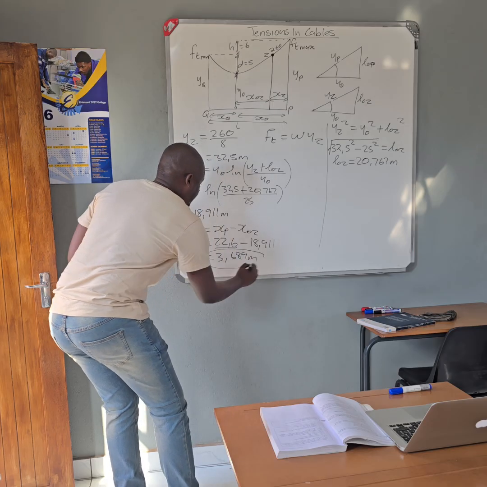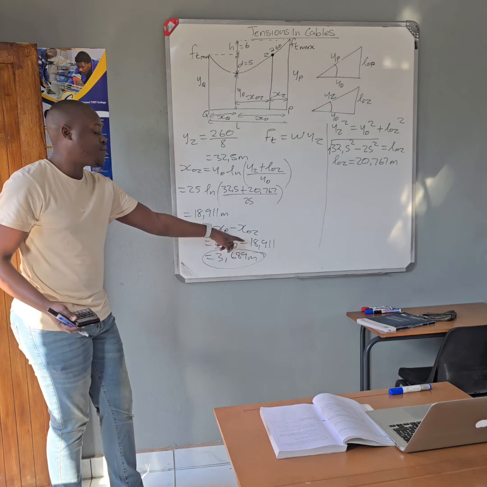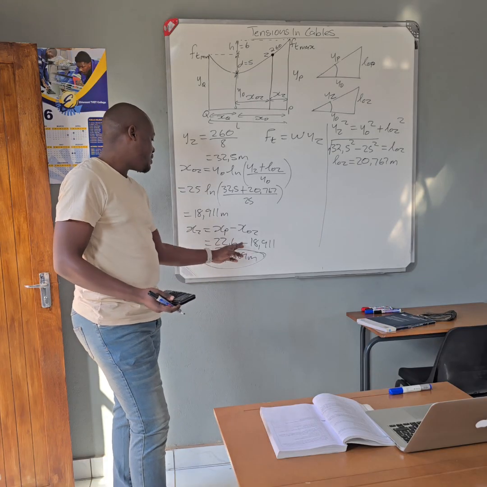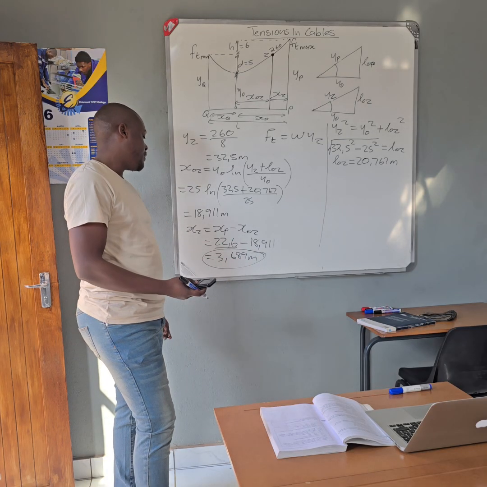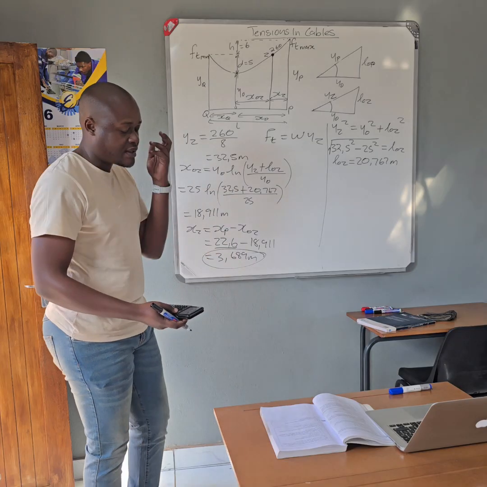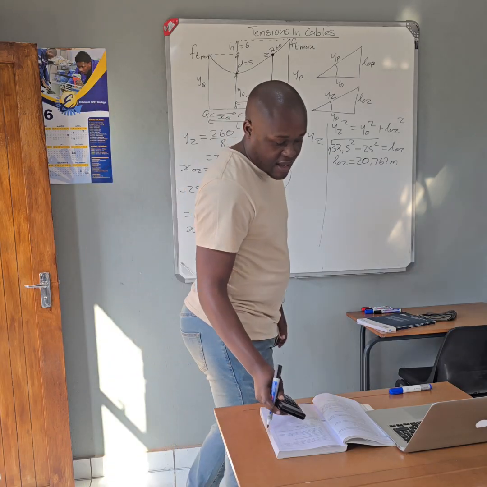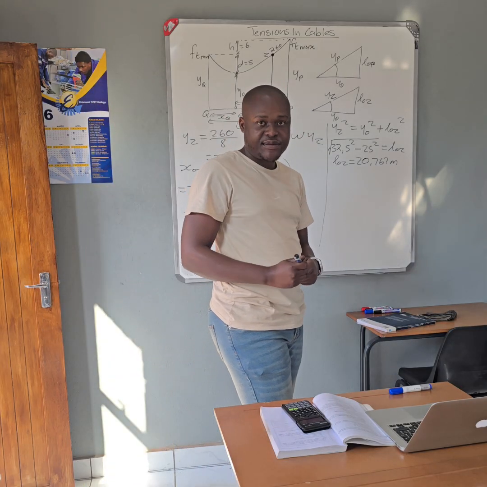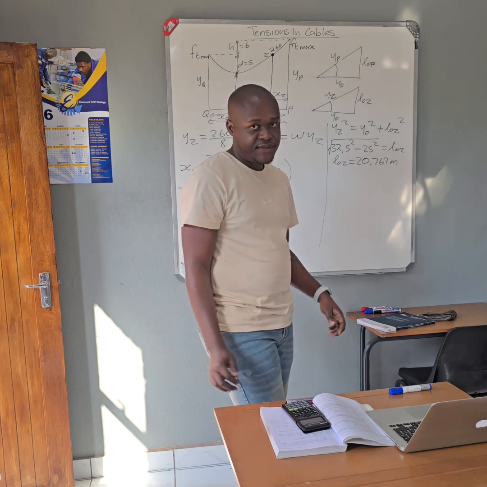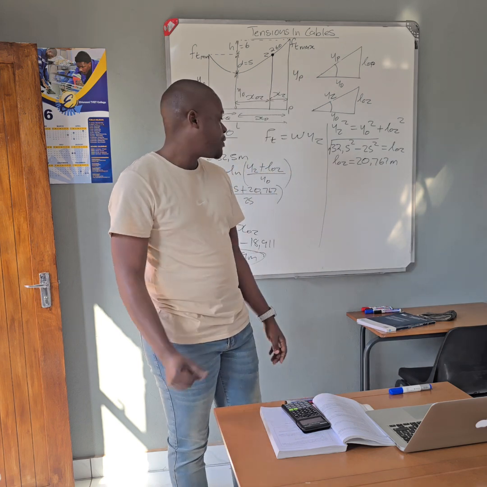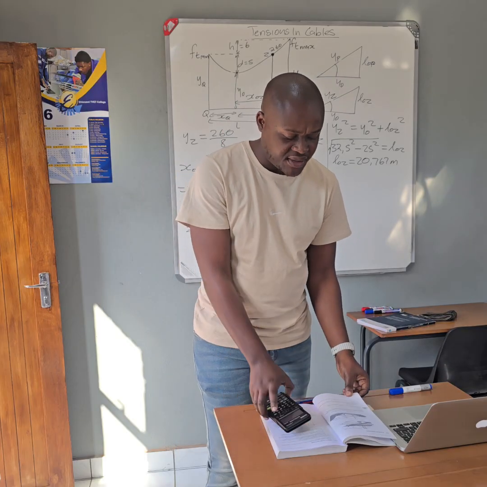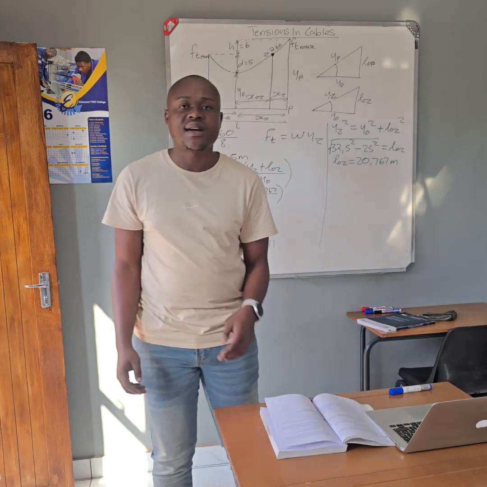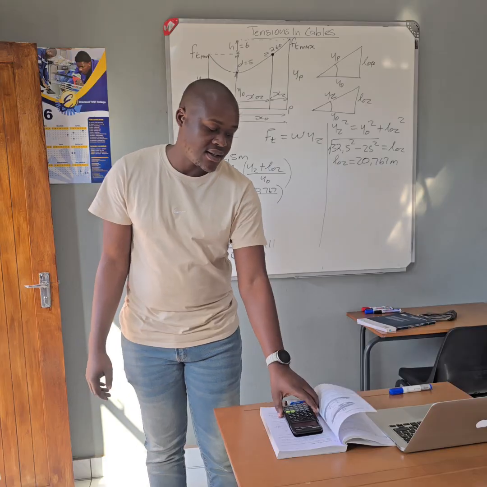This is just mine, remember, because I used 26.6. When you use three decimals, it might differ just here, but it's still going to be 3 something. So yeah, this brings me to the end of today's video. Next we are going to talk about the suspension bridges, the parabolic catenaries.